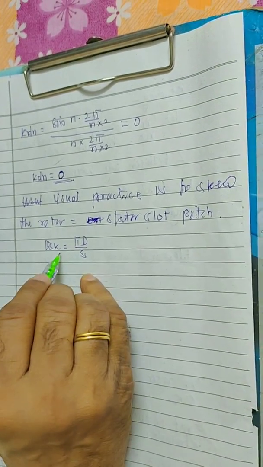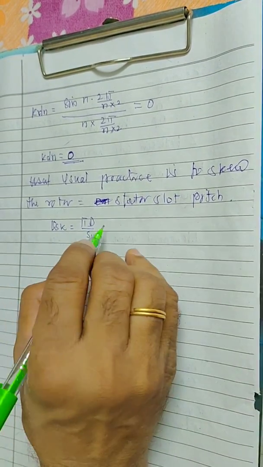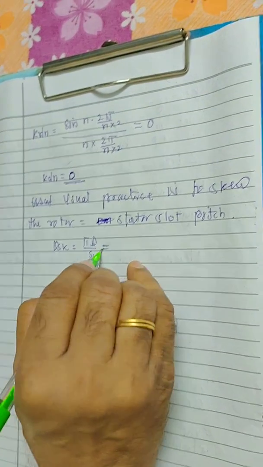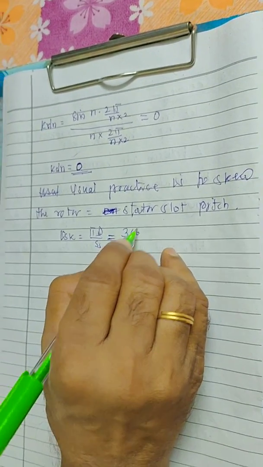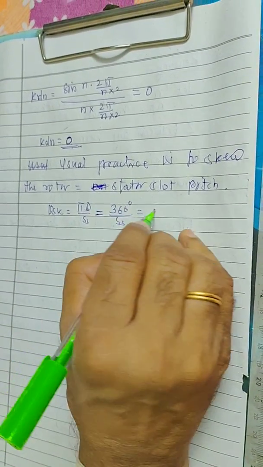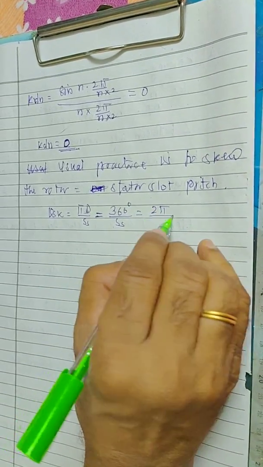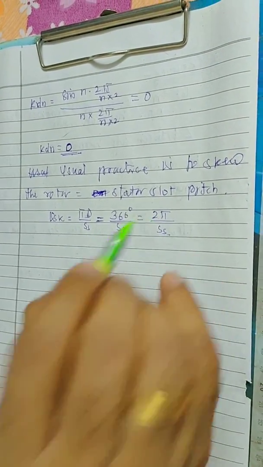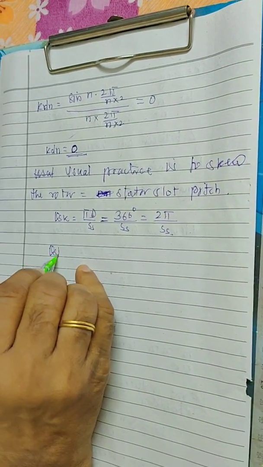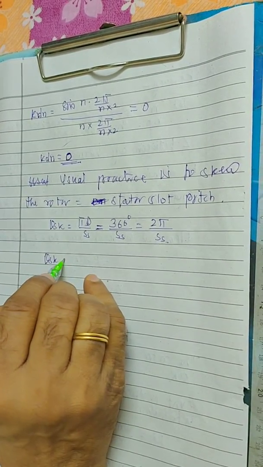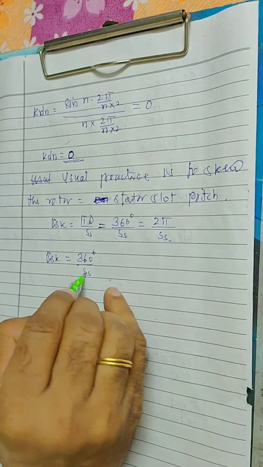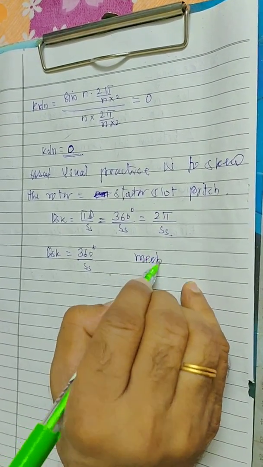This is the stator slot pitch in terms of periphery. In terms of angle, theta sk is 360 degrees mechanical upon stator slots, which is equal to 2 pi upon Ss in radians. So theta sk mechanical is equal to 360 degrees upon Ss. This is in mechanical degrees.